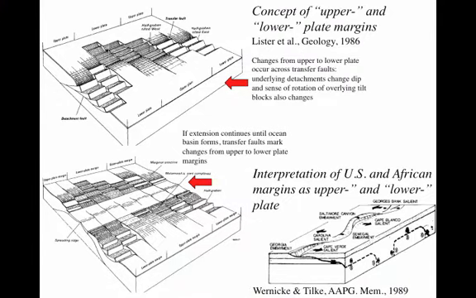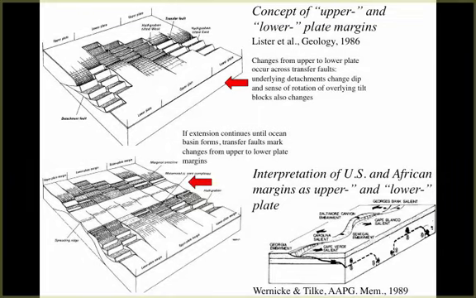Now, if we look more at the upper plate versus lower plate margins, we see that changes from the upper plate to the lower plate happen across transfer faults or transform faults that underlie the detachments and change dip and the sense of rotation of the overlying tilt blocks. So here, look at the cross-sectional view of that to see the detachment underlying those tilt blocks.